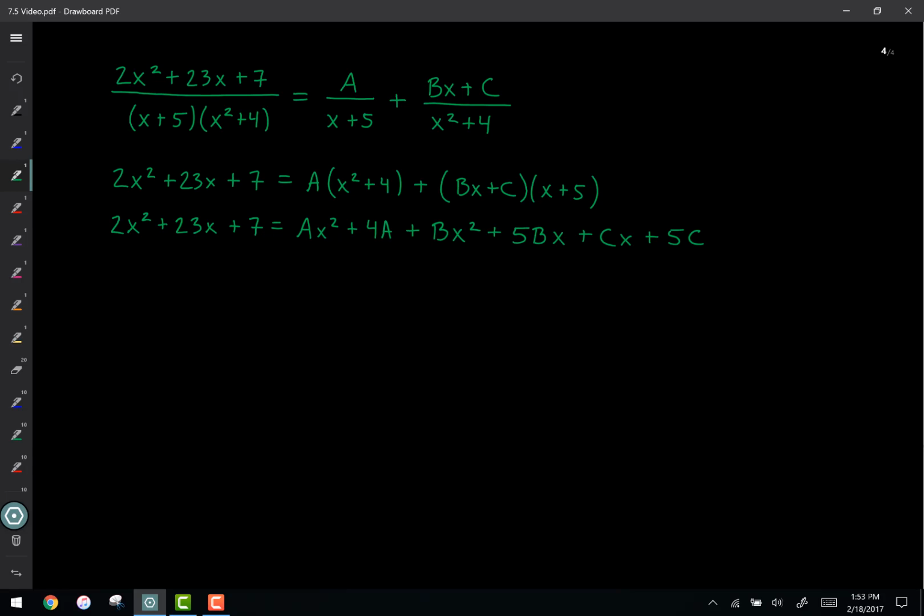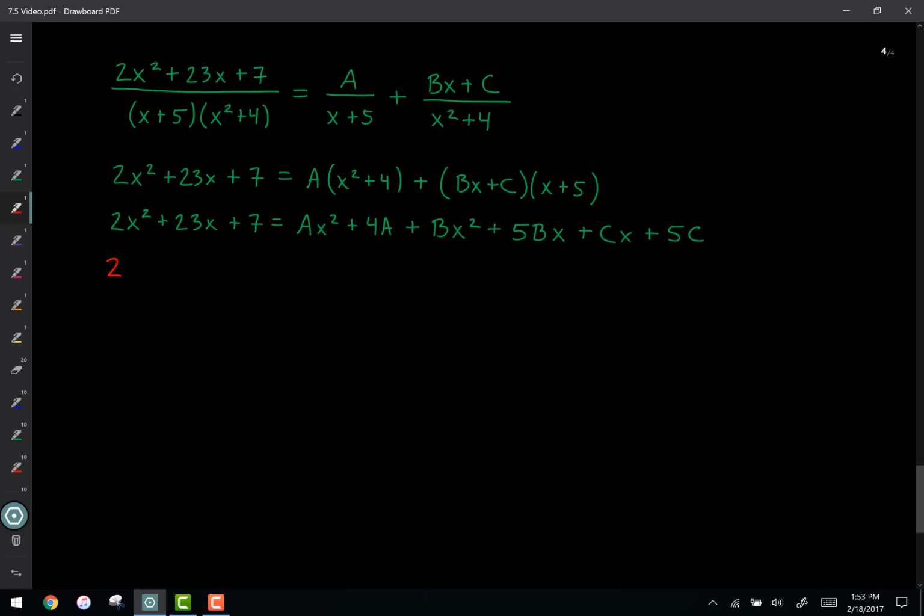Now, on the right-hand side, collect all your like terms, and I'm going to do something with all the coefficients just so we can talk about what's going on here. So I'm going to have 2x squared plus 23x plus 7. This is going to be equal to, collect all your x squared terms. So I have an Ax squared and a Bx squared. So that tells me I have (A plus B) x squared.